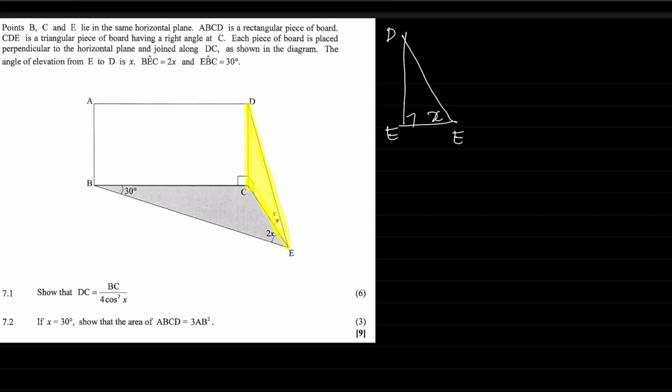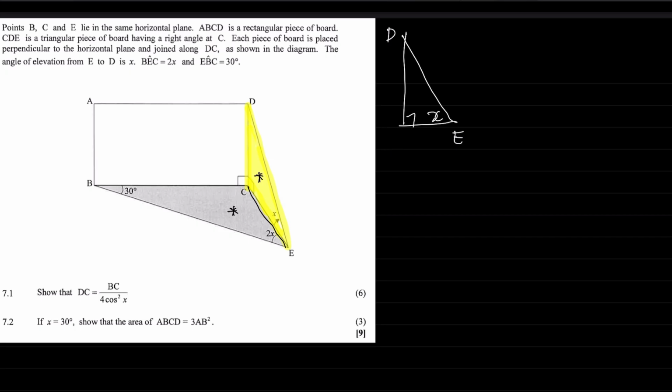Because this line CE is common to this triangle and this triangle, we need to solve in terms of that line as well. There's no point in using DE, because DE is not common to any other line. So we need to use this triangle and this triangle, and the common line between them, which is CE.